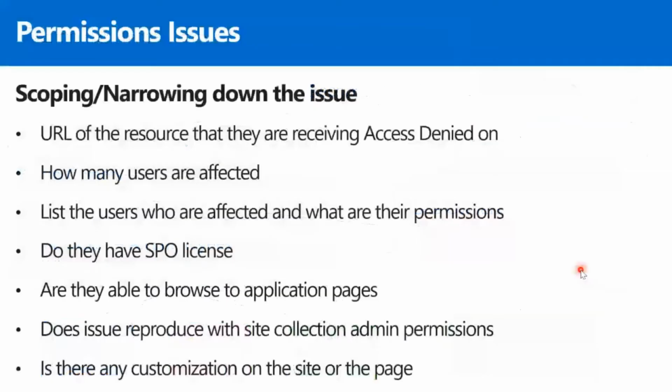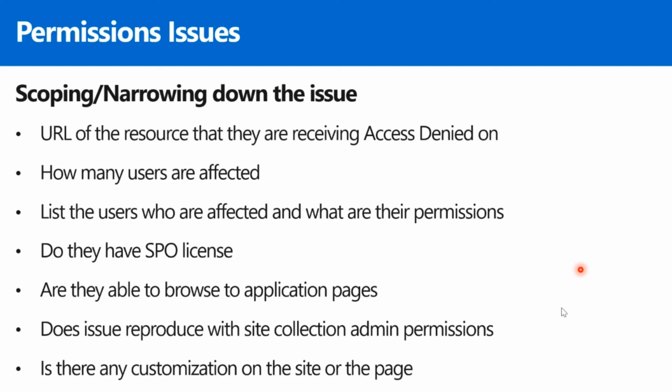All right. Now, this brings us to the topic of how we can narrow down permission issues in SharePoint Online, because permission issues honestly can at times be very easy to resolve, but at times they can be extremely tricky to crack. So I have listed a few questions that we must find answers to when we are working on a permission issue.